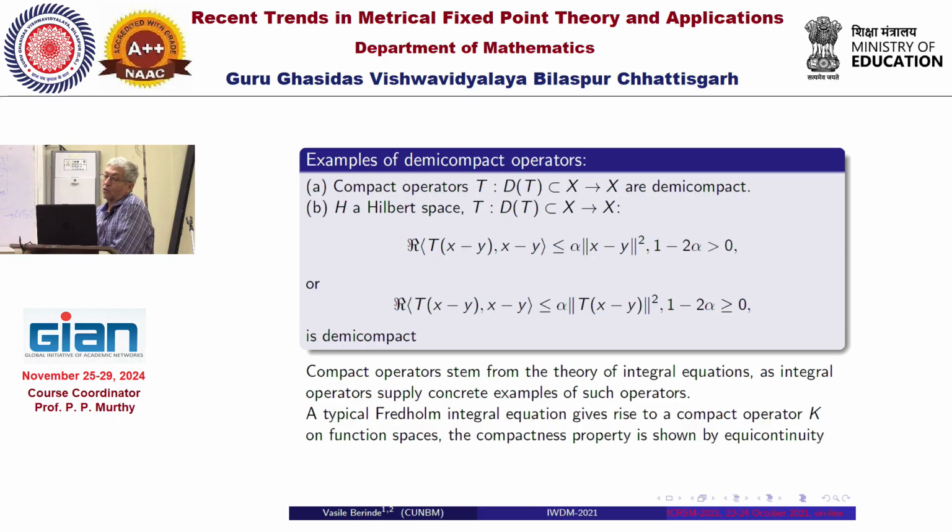Compact operators are of course demi-compact. If we are in a Hilbert space and we have these properties, the first one, if we are in a real Hilbert space, is called a strongly monotone operator, and such kinds of operators are demi-compact for these values of alpha.